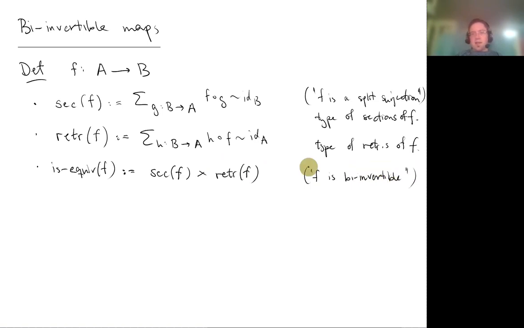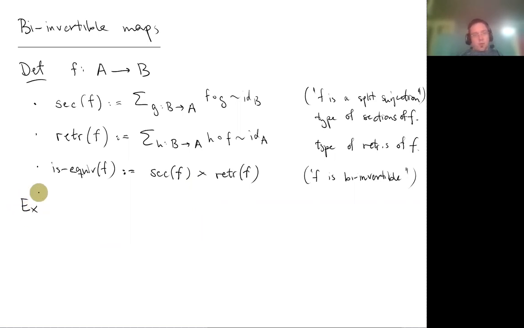Because if you think about the algebra of function composition, the section says that f has a right inverse, and having a retraction says that f has a left inverse, but we don't say that they're related. We just say we have both a left and a right inverse.